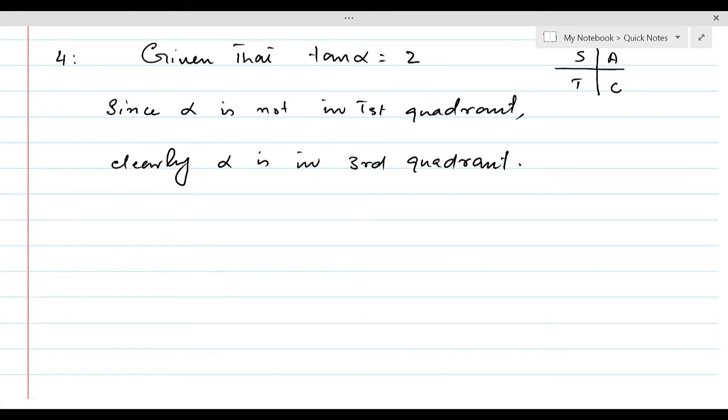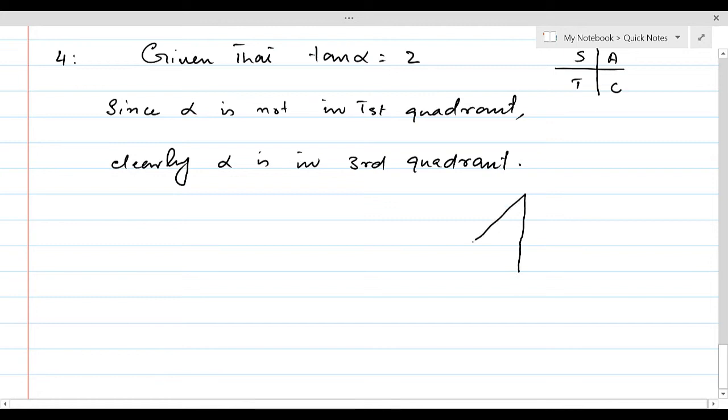Now also given that tan alpha is equal to 2, which means that for a right angle triangle for which this alpha is defined, if this is alpha, this is opposite, this is adjacent and this is hypotenuse.